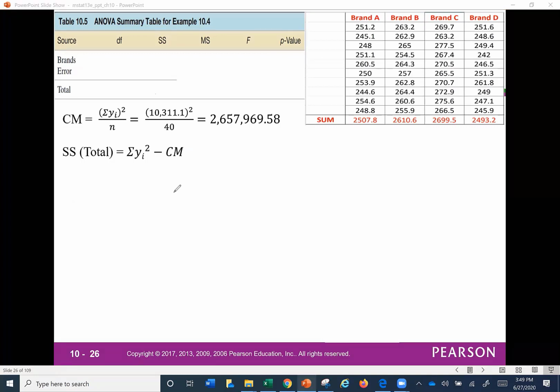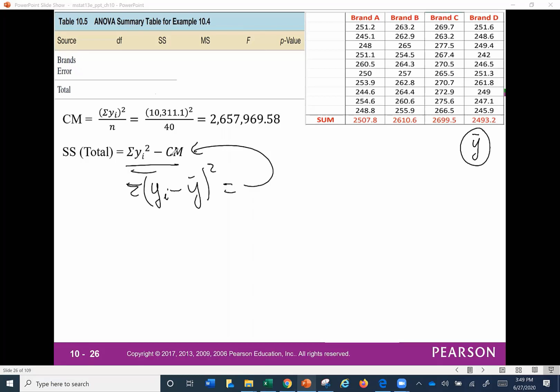Remember, this total sum of squares is with respect to the mean. We can obtain the mean of all of these values by adding them and dividing by 40, and then take each value minus this mean, squared. This formula is equivalent to the shortcut, but it's better to use the shortcut because we avoid several errors, because we would need to round this quantity.